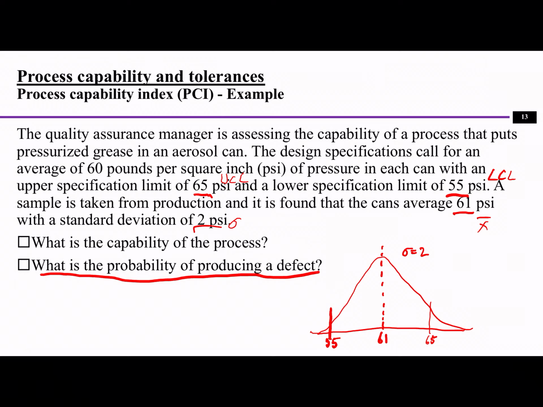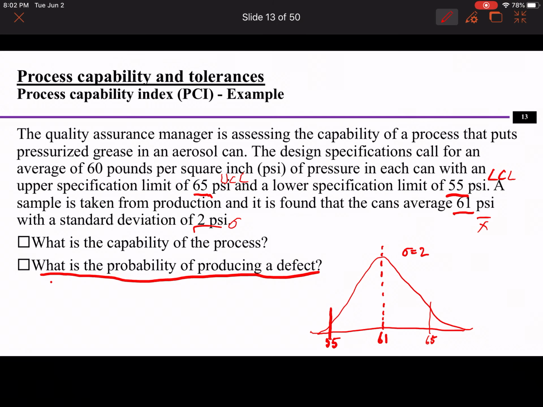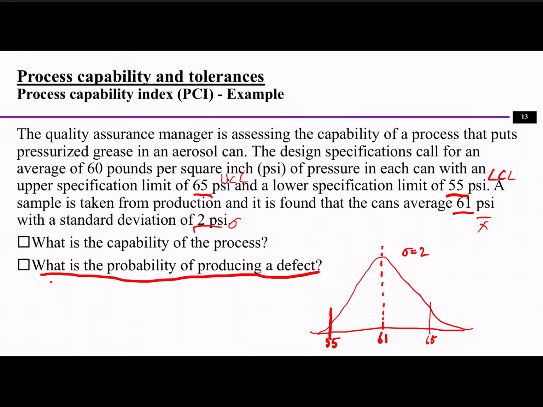It's not symmetric, because the mean actually shifts to the right. Okay, so now we get this normal distribution. What we want is the probability of producing a defect. So what are the defect parts? The defect parts are the blue parts. This is the blue, and this is the blue.